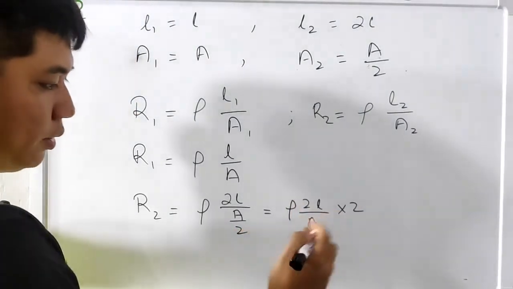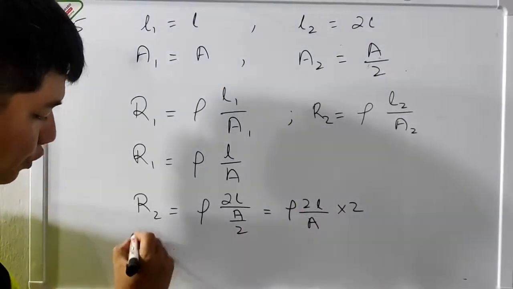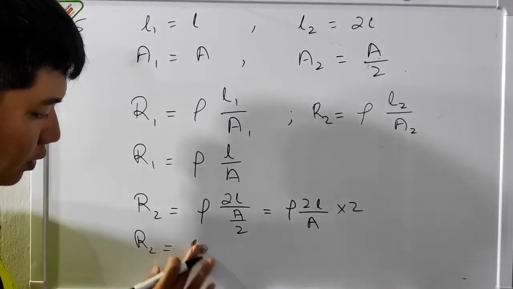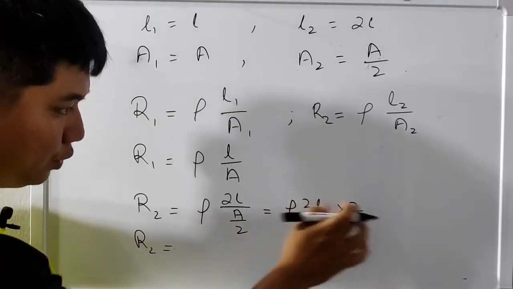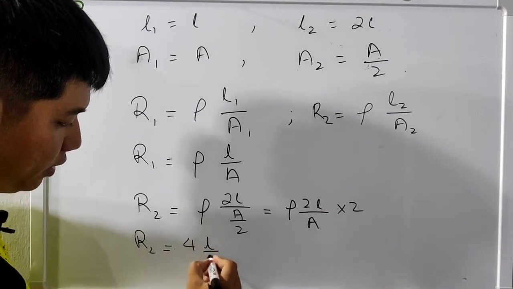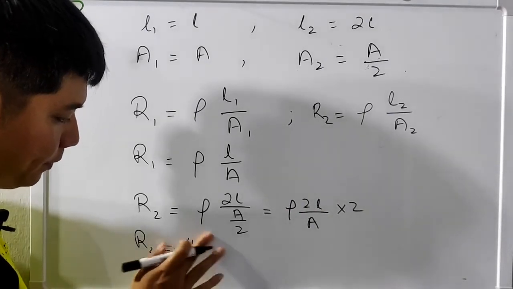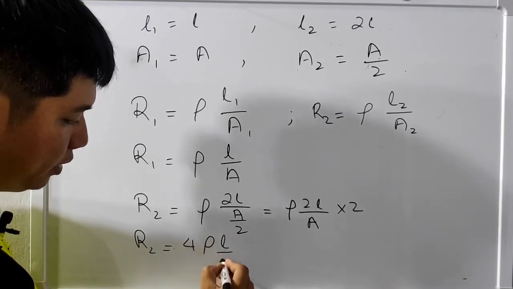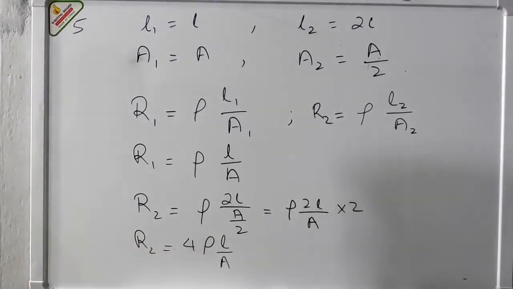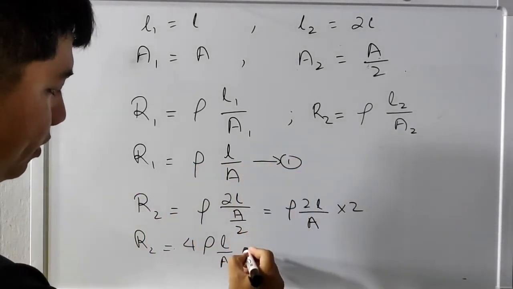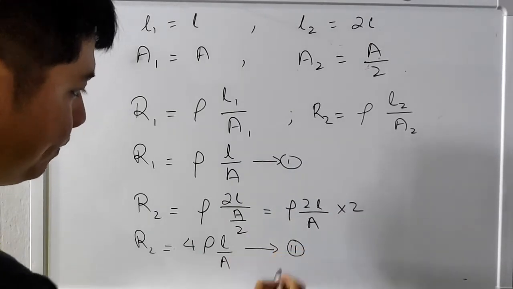Take 2 up. So we have R2 is rho, let's take it out. 2 into 2 is 4. 4 rho L by A. In equation 1, we have this. Let this be equation 2.